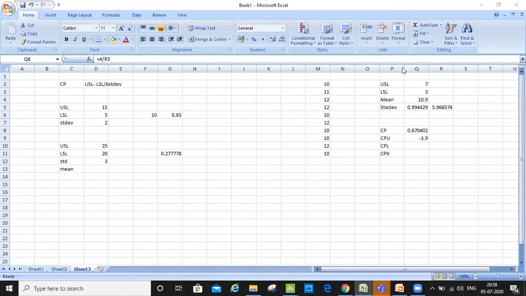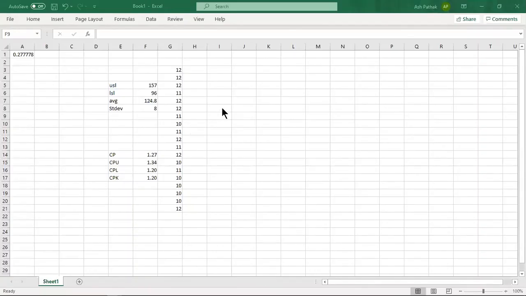Yeah, just give me a second. Ashwini, you can share it via email. Ashwini, can you please put USL as 12 and LSL as 10? Yeah, just a minute.